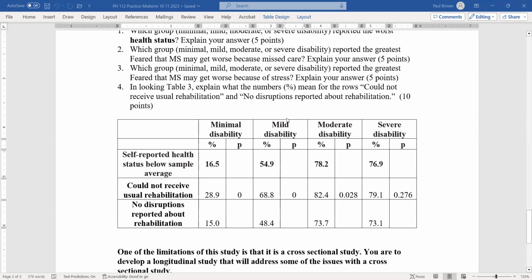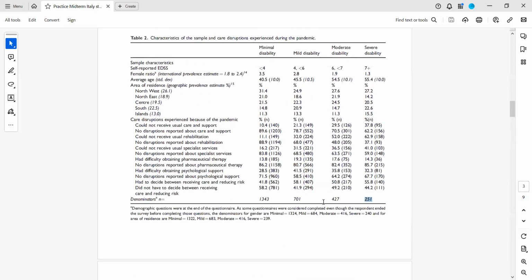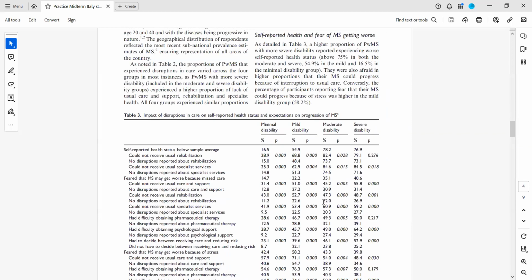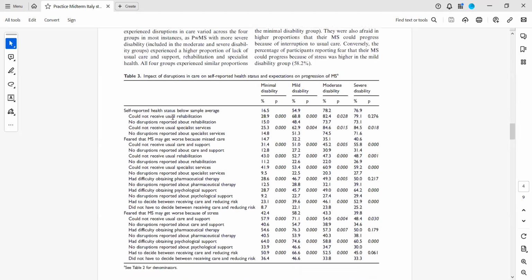So we go back to this. Is there a variable here that says fear that MS might get worse because they miss care?